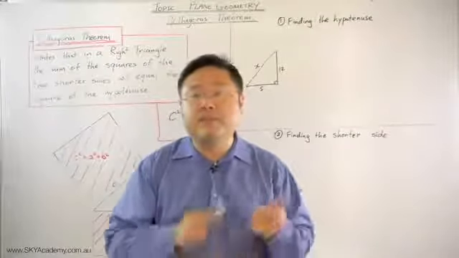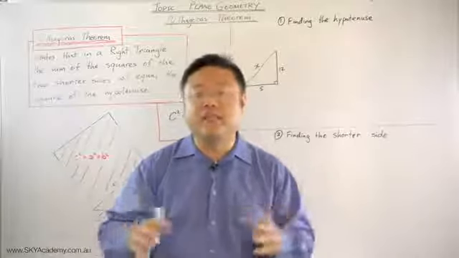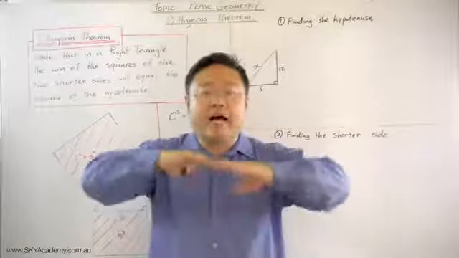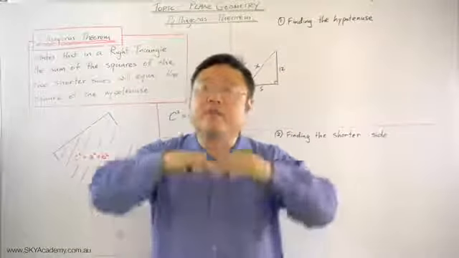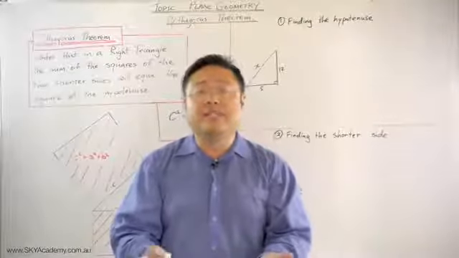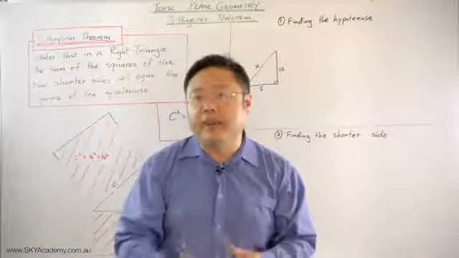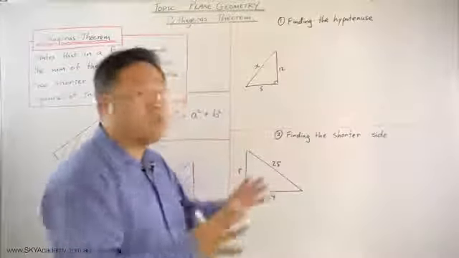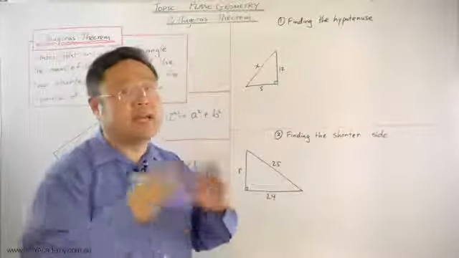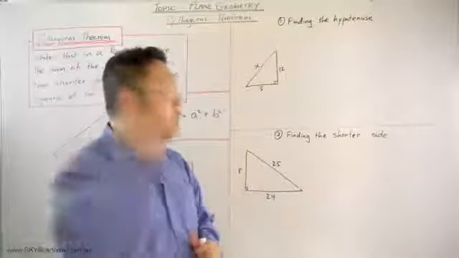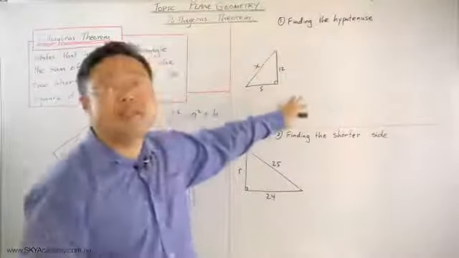It also applies in functions and relations, and locus, and you'll realize that the equation of a circle is essentially given by Pythagoras' theorem. Okay, and I won't spoil the surprises there, but I just want you to see that Pythagoras theorem has application in other areas. Not only that, but other areas will have application to Pythagoras' theorem.